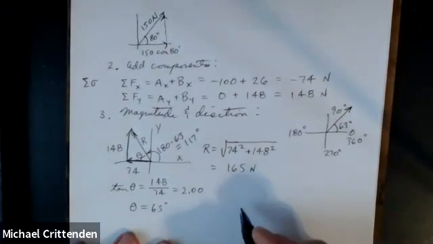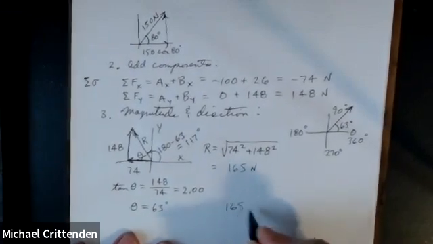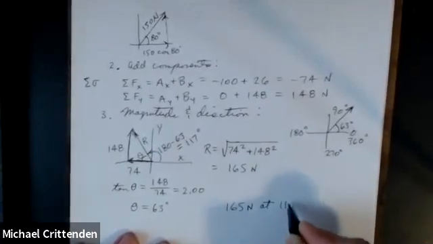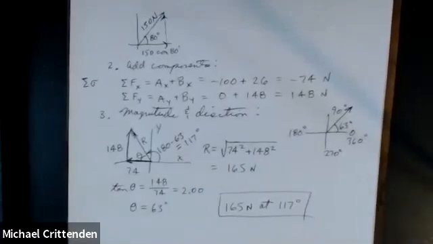So to tie it together into one neat little bundle, 165 newtons at 117 degrees is the answer. And that is how you add vectors with the component method, and that's going to be a significant chunk of lab number 3.